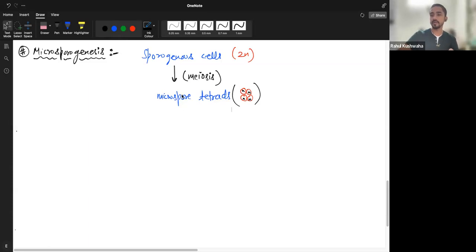Now this microspore tetrad, the ploidy will be N. Each cell of the tetrad is capable of giving rise to a microspore, which means a pollen grain. So one sporogenous cell, let's do some mathematics because these kinds of questions come.